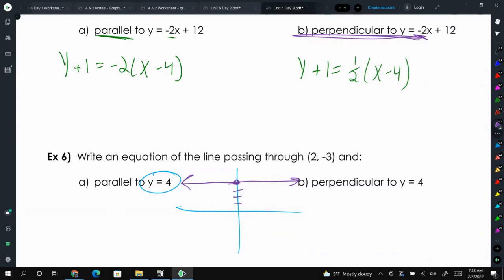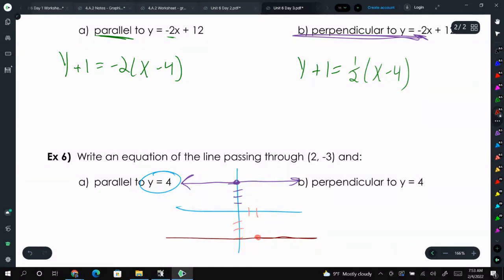Now if I want to be parallel to this, and let's just plot the point 2 comma negative 3, it's right here. If I want to be parallel to y equals 4, I think you guys can see that I'm going to have to draw the line horizontally as well. Well, since it's got to be horizontal, I want to take the y coordinate of the point, and that will be my line. Horizontal lines have the equation y equals a number.